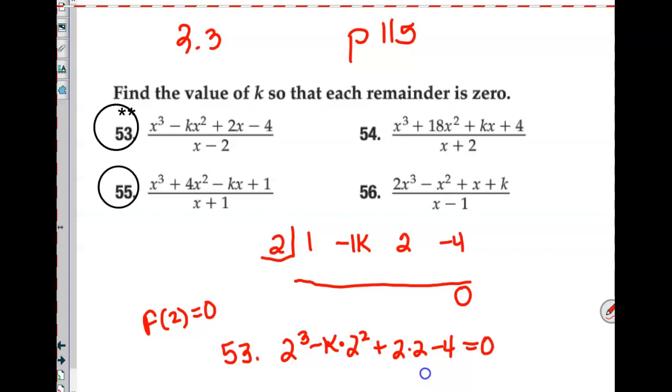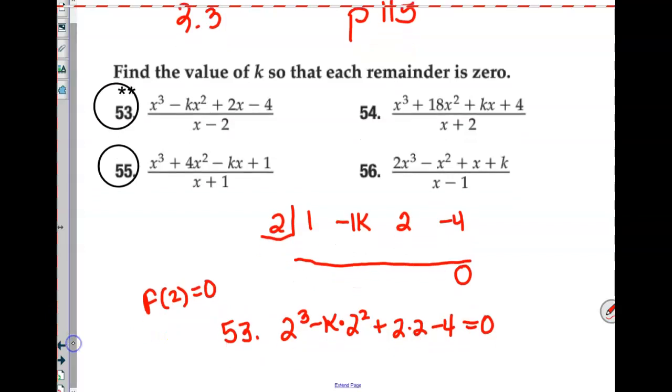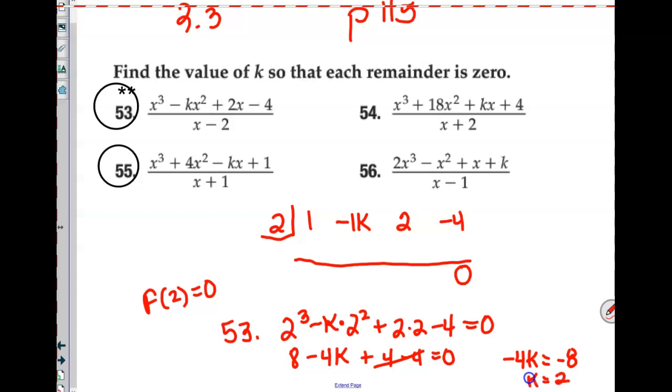Does that look easier to solve? You don't know because we didn't go through the synthetic division, and I can. But this would be 8 minus 4k plus 4 minus 4 equals 0. Well, that's just gone. If I subtract the 8 to the other side, I have -4k equals -8. So k would be what? 2.